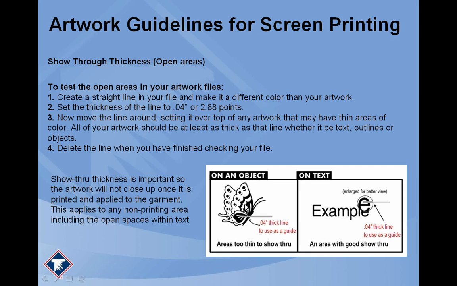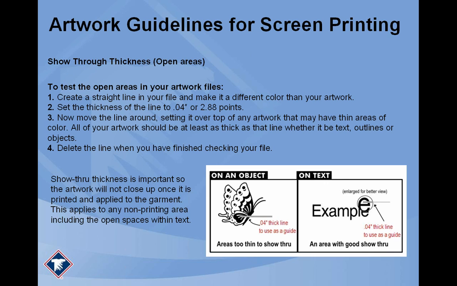So now what we need to do is figure out if they're acceptable thickness, because if these show-through thicknesses don't meet the requirement, then your butterfly will not show through in those areas. There's a little physics thing that happens when you press a transfer.